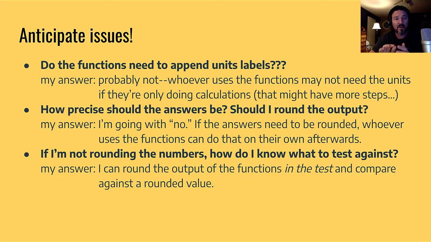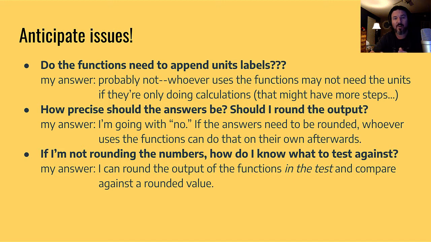And then before I get started, I want to anticipate some issues. So as I was doing these sample calculations, I began to think about, well, do the functions need to append unit labels like miles per gallon or liters per 100 kilometers? And my answer to this question is probably not. We're going to put these calculations out there, these conversion functions, as a library.